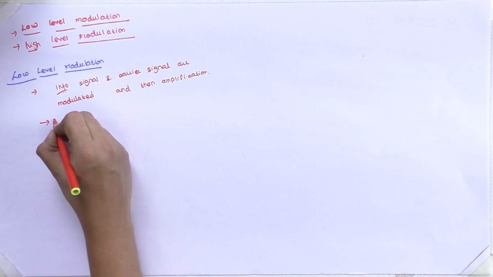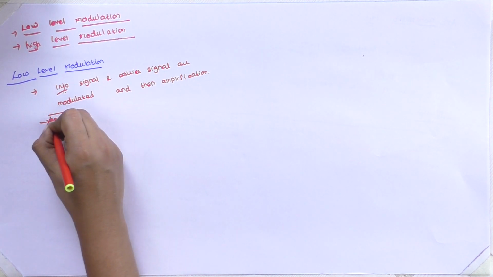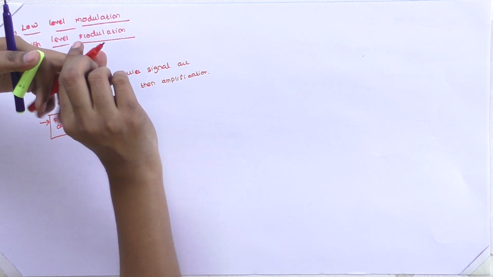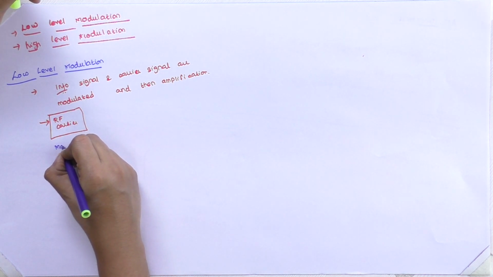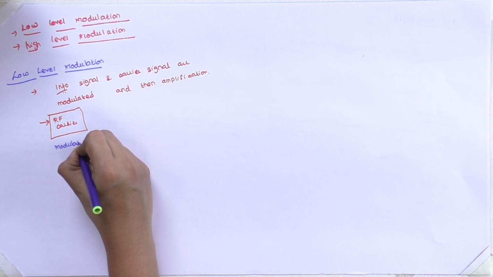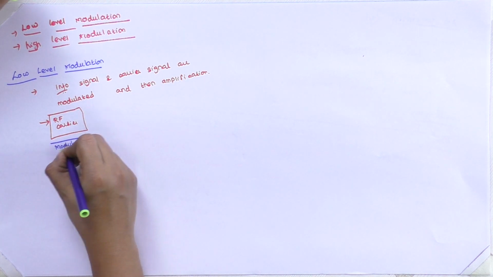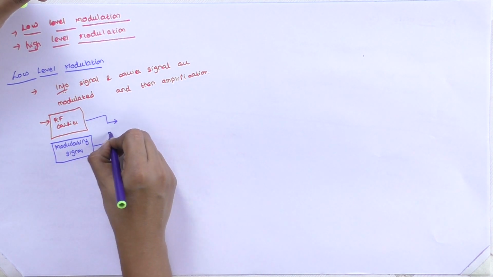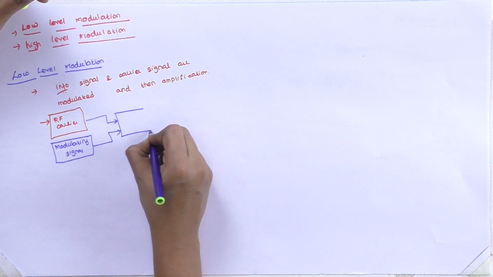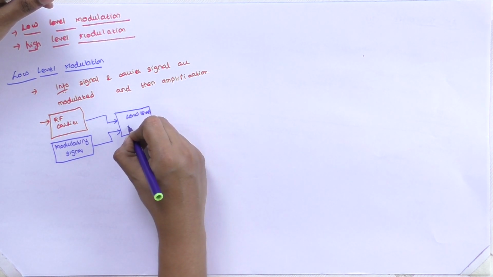For example, we have the RF carrier and we have the modulating message signal. These are the two input signals we are giving to the modulator. This is the low level modulator.